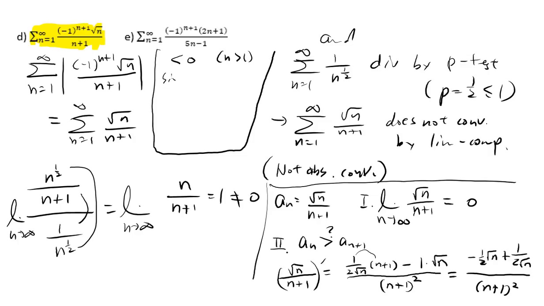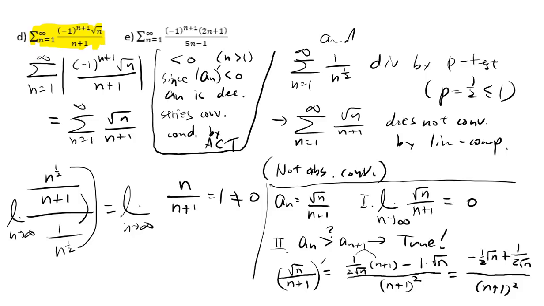And since an prime is less than 0, an is decreasing. Okay, so now you've established that this is indeed true, and therefore the conclusion is that the series converges conditionally by AST. Okay, all right, that was quite challenging.